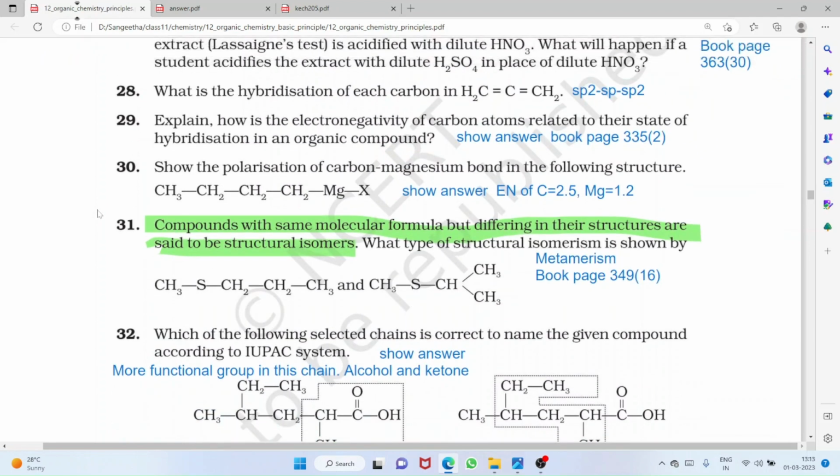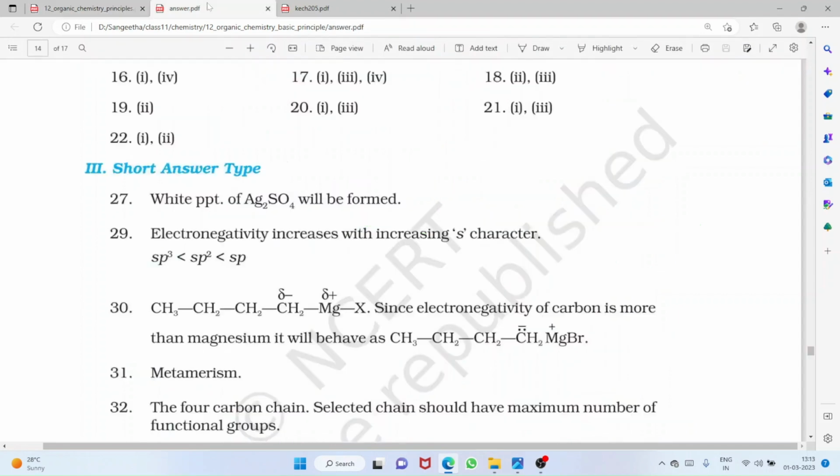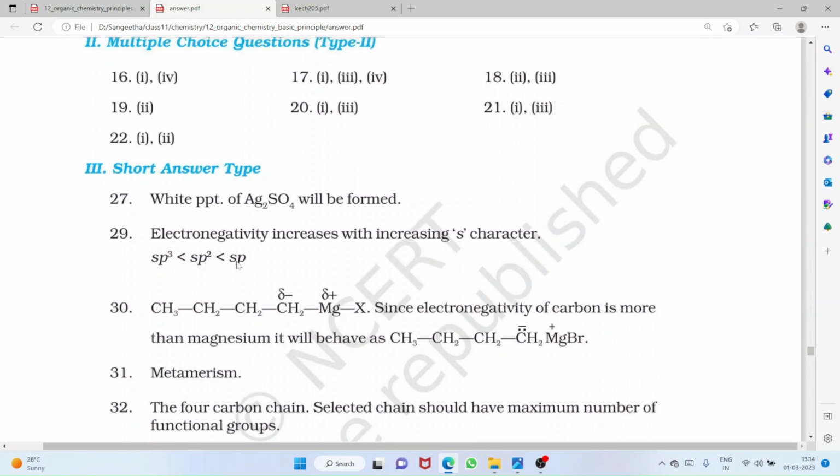Explain how the electronegativity of carbon atoms is related to the state of hybridization in the organic compound. Electronegativity increases with increasing s character. The sp hybridization will have more electronegativity because it has 50% s character.